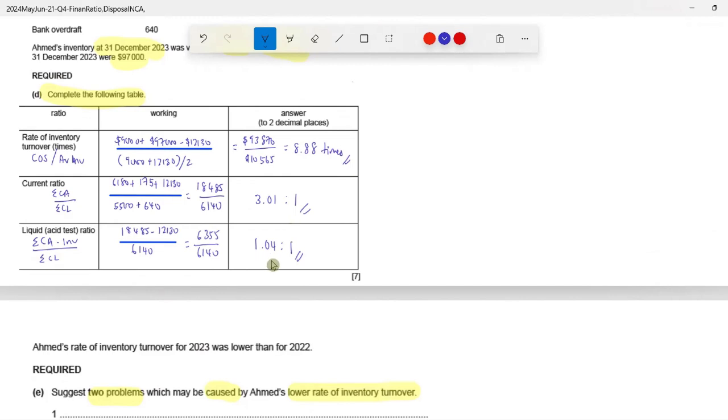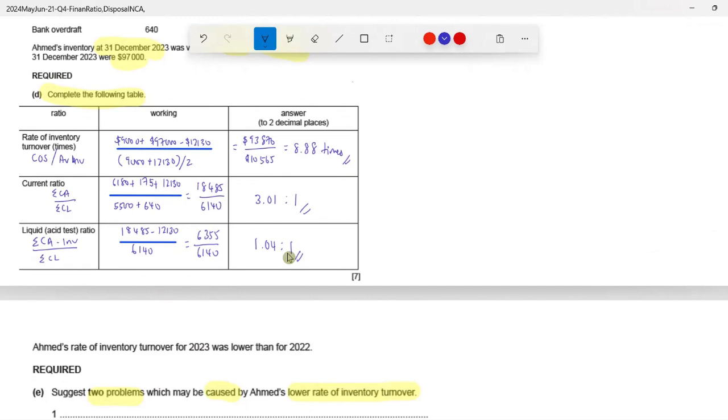Whereas liquid or acid test ratio looks at current liabilities that have more immediate needs to be fulfilled. Generally, current refers to less than 1 year, but liquid or acid test ratio looks at anything more immediate, a shorter time frame than 12 months. It could be this month or this week.